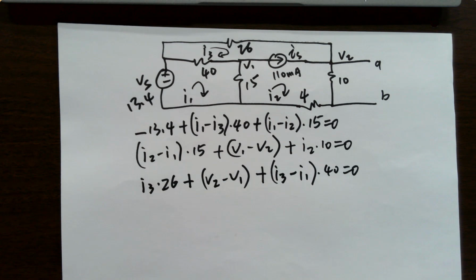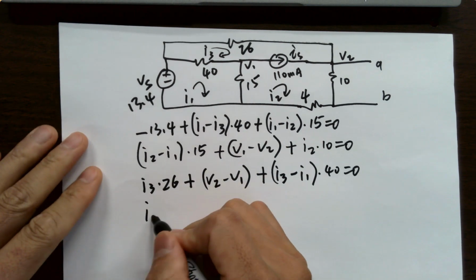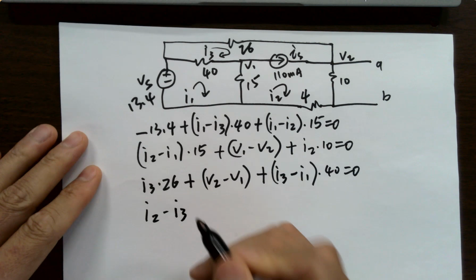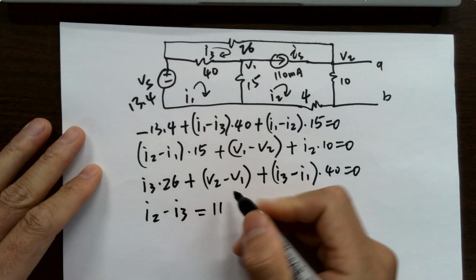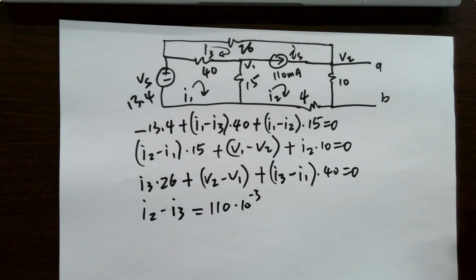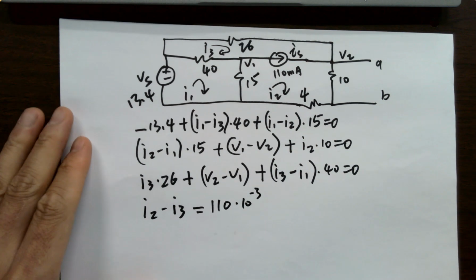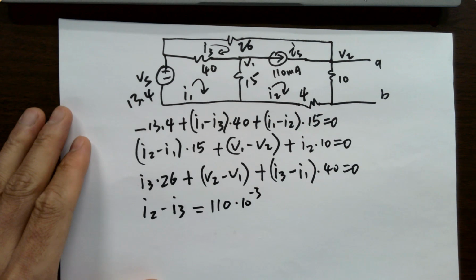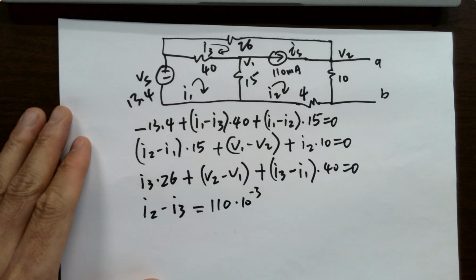What else can we do? So I2 minus I3 is 110 milliamps, right? Any other thing we can do?